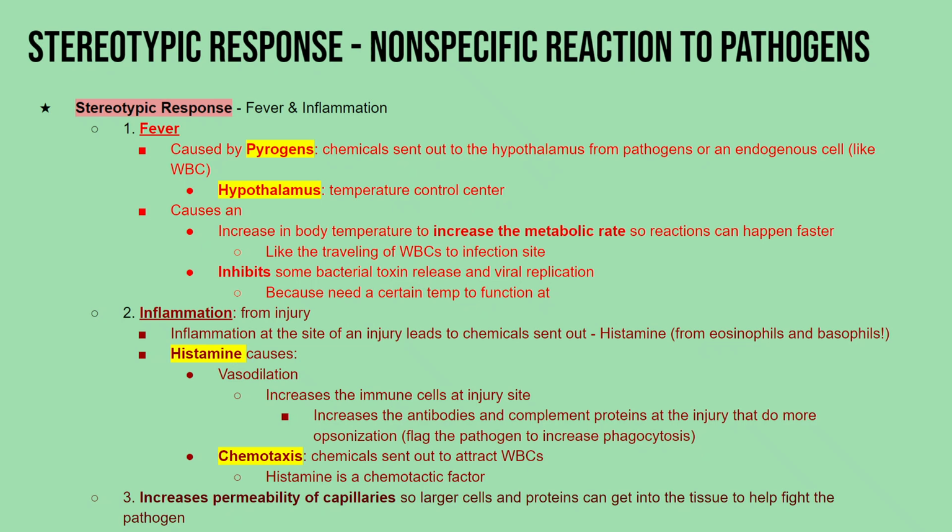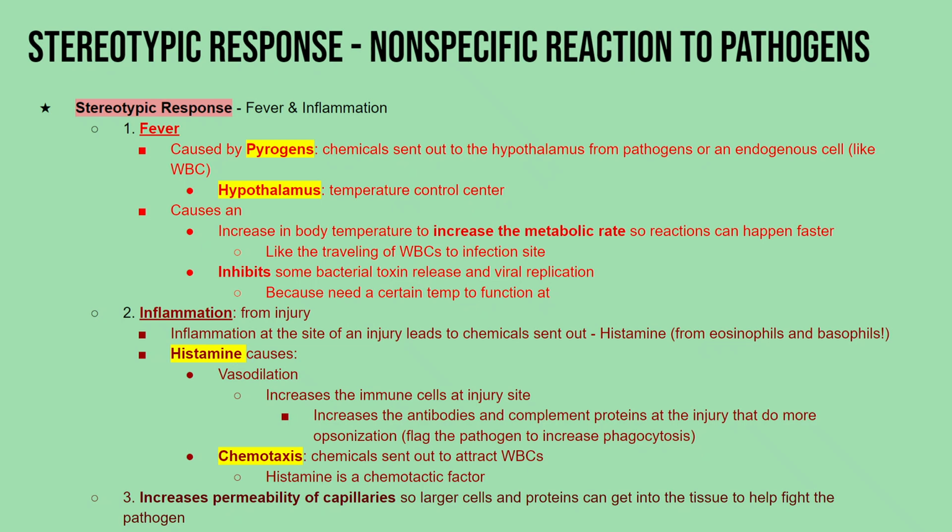And then chemotaxis is another part of inflammation, which is just chemicals that are sent out at the site to try to attract more white blood cells. And histamine is an example of a chemotactic factor, which basically just means that it's helping attract white blood cells to the site.